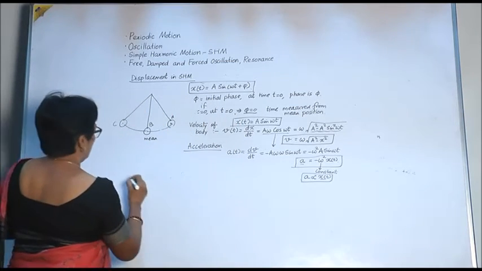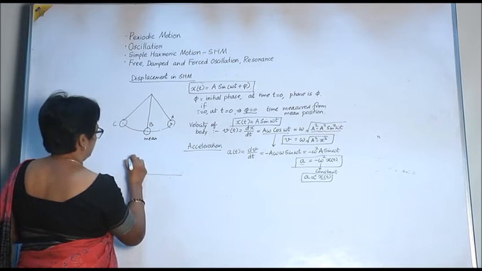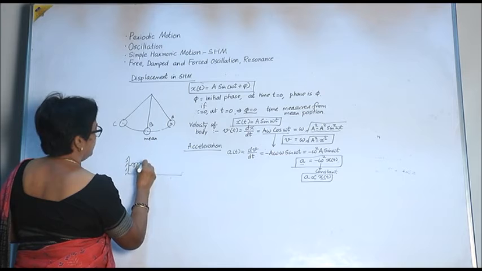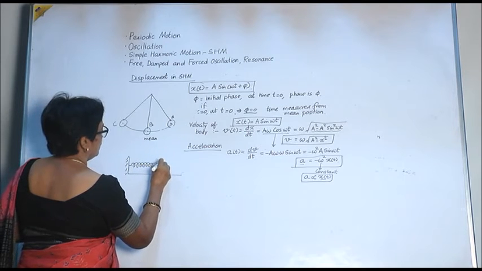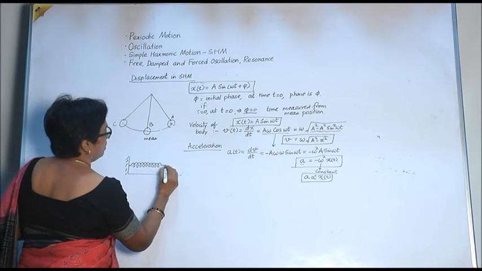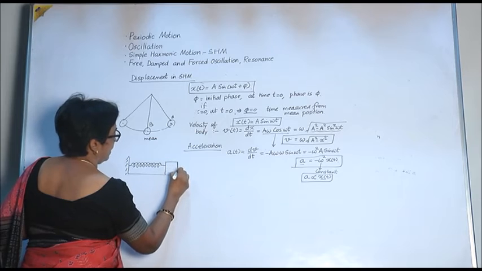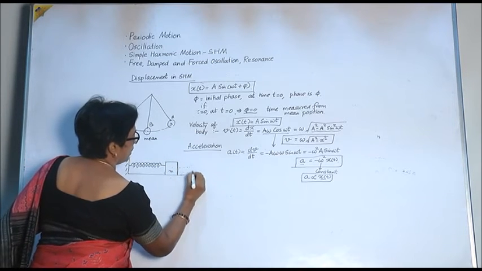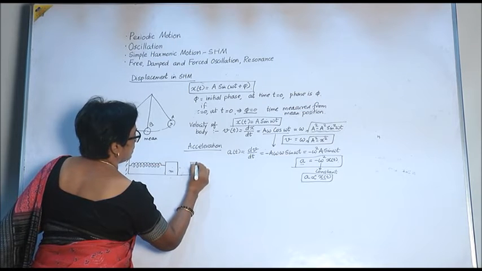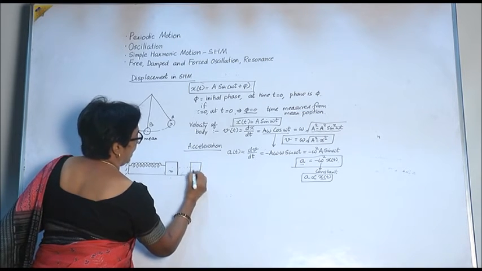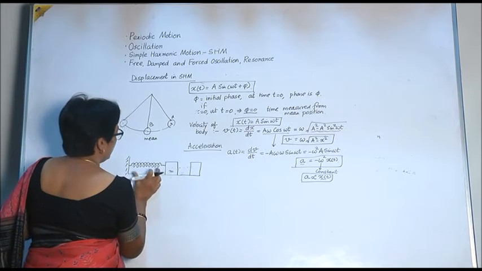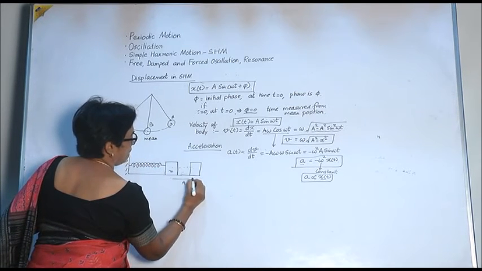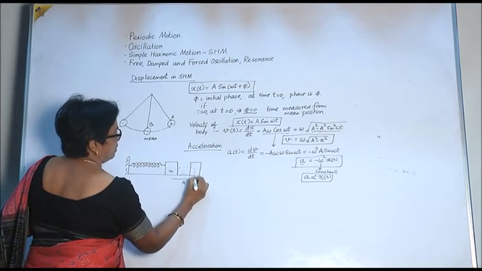In the case of a mass and spring, a spring is attached rigidly to the wall and a mass is attached at this end. Then the mass is displaced a little distance away and released.